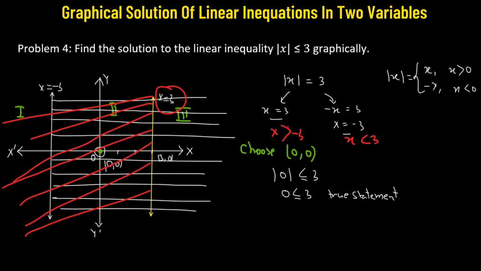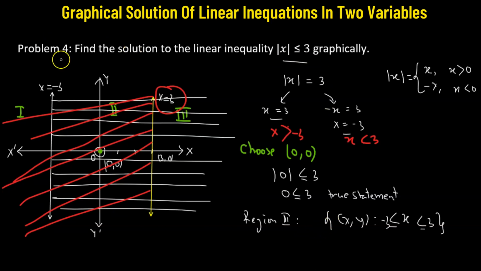So our final solution is region number 2. We write it in set notation as all the ordered pairs (x, y) such that the value of x lies between -3 and 3. This is the solution set to the given linear inequality.